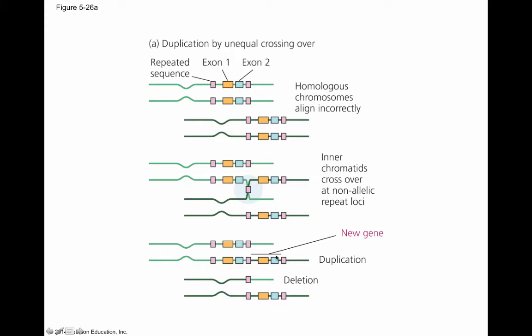So this creates immediately a new gene. It's very similar to the existing gene, and if its expression or its function depends on dosage, the duplicate may be a problem.